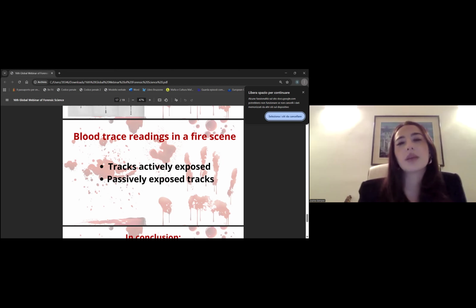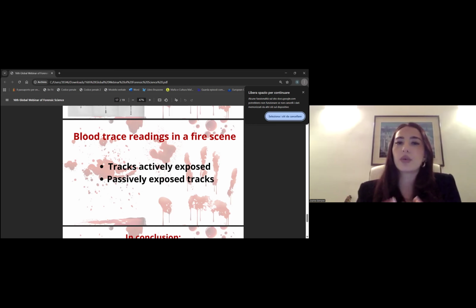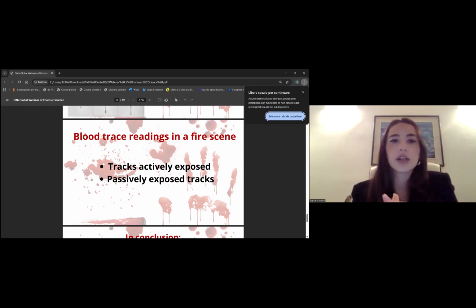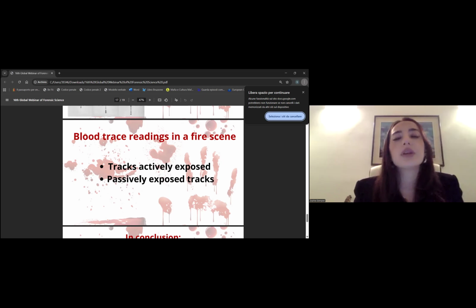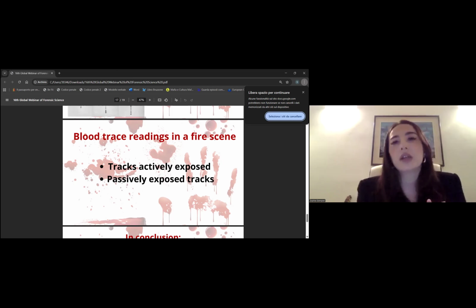And experimentally, the impact of high temperatures on the morphology and analysis of bloodstain patterns was examined. This examination was made using controlled fire exposure. Bloodstains before and after fire exposure were analyzed on various substrates, including glass, painted drywall, and painted plywood.